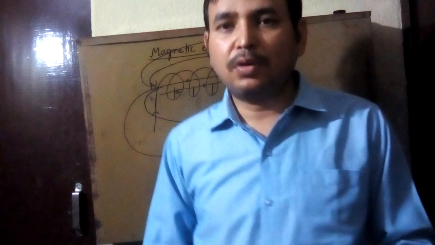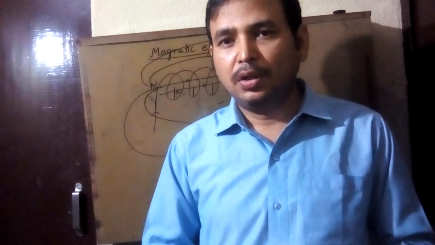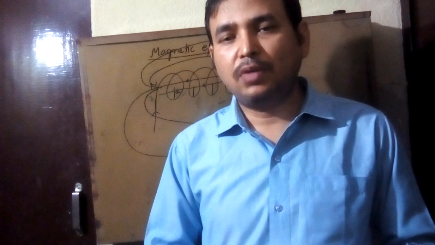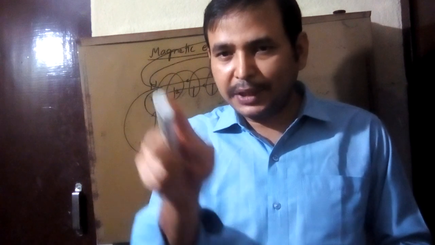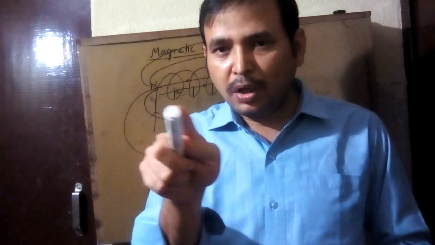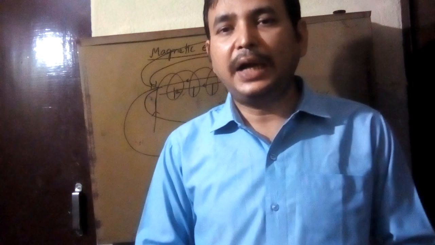So very simple clock face rule: face your face toward one side of the current carrying circular coil. If it seems to you that current is flowing anti-clockwise, that is north pole, and if you feel that current is flowing clockwise, that is south pole. For example, suppose current is flowing like this.